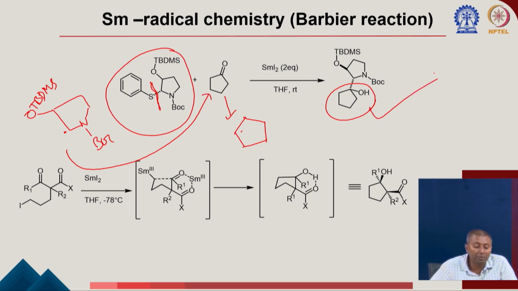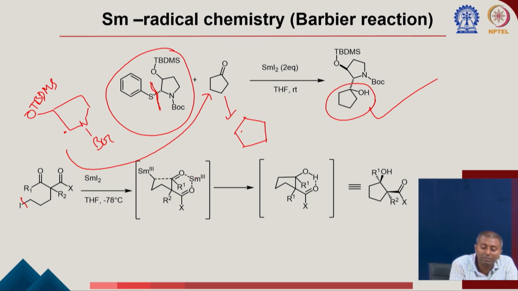There is another example of an intramolecular reaction happening here. In this reaction, you can think about samarium iodide cleaving this bond, forming the corresponding samarium species here. So it can form the radical, then the samarium species, which can now add to this corresponding carbonyl group here.